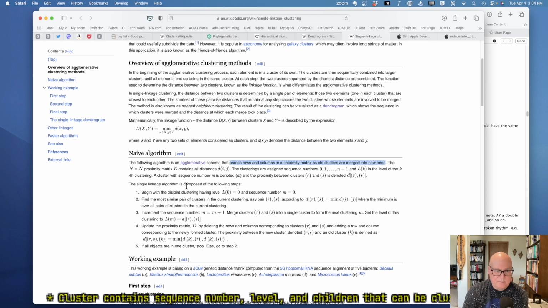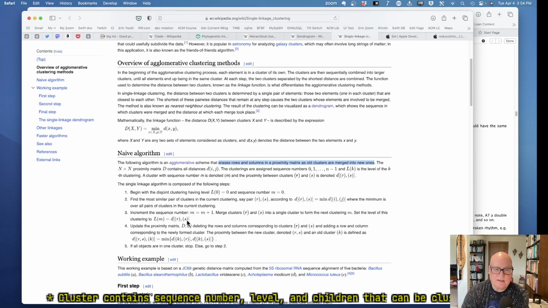Okay. Disjoint clustering, L0 equals 0, sequence number M equals 0. So I think that's saying the next cluster. But when I combine things, I'm trying to treat them as clusters. Now the minimum distance is fine. Maybe they don't need an L. Maybe they don't need it.